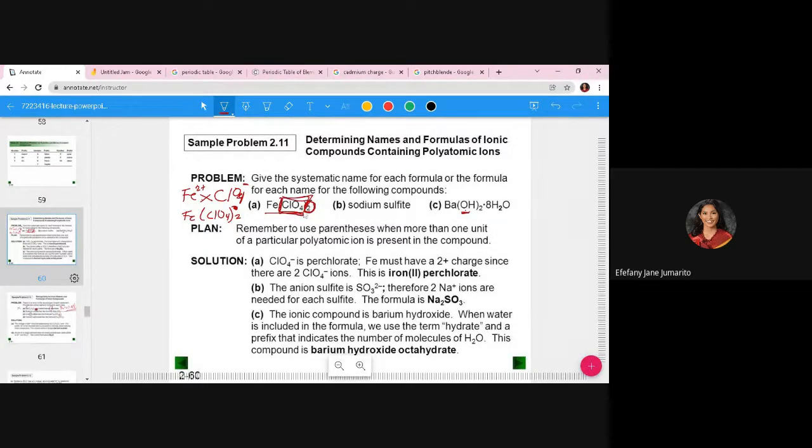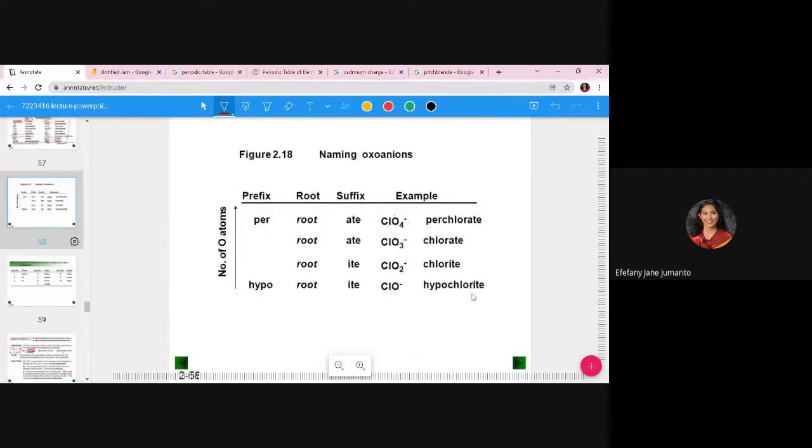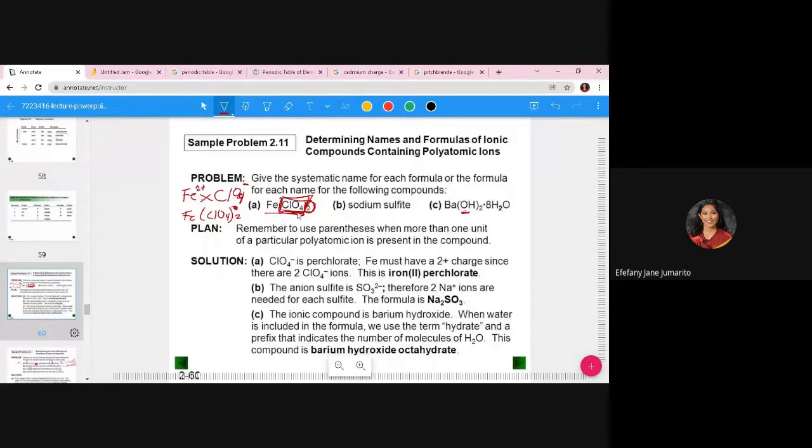It's an anion, right? ClO4 minus. What is this ClO4 minus? It's perchlorate. So it is perchlorate, and then we have Fe2 plus.